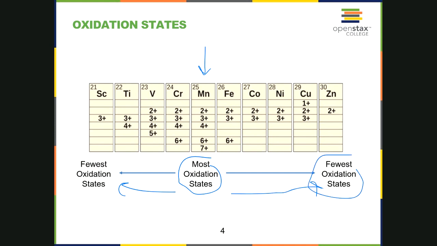So you've got scandium out there with just 3 plus, you've got zinc with just 2 plus. But things that are in the middle, manganese, chromium, iron, they're going to have a lot more oxidation states. And that's important in the way these function.